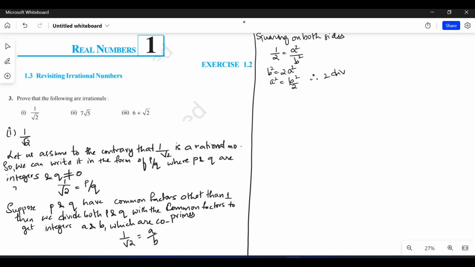2 divides B square. So by theorem, if 2 divides B square, then 2 divides B as well by theorem.